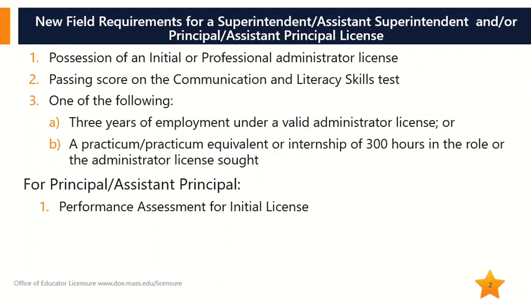In addition, demonstration of the successful application of the professional standards for administrative leadership through a performance assessment for initial license, also known as the PAL, is required for principal, assistant principal licensure. We will cover additional information about these requirements later in this presentation.